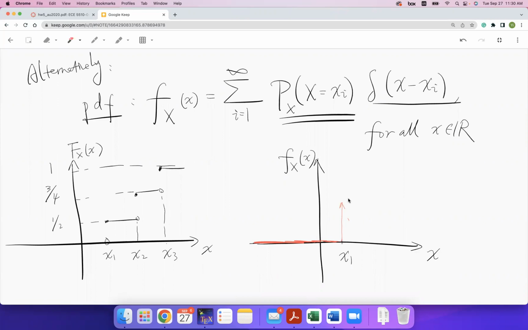And this impulse function needs to be scaled by the jump. So here the jump is 1/2, and I place an impulse function centered at x1.